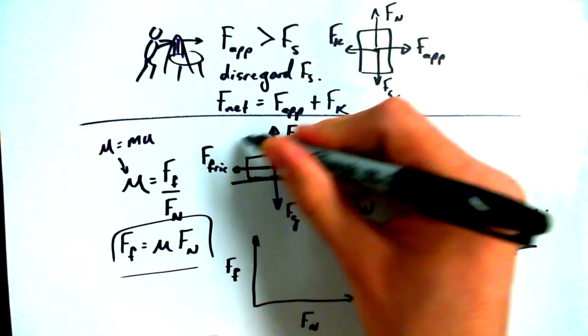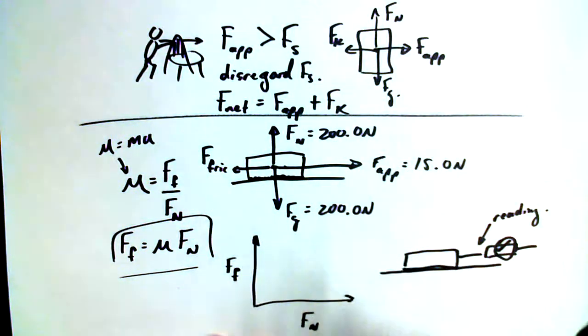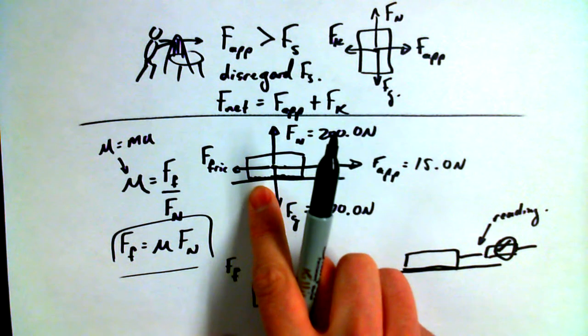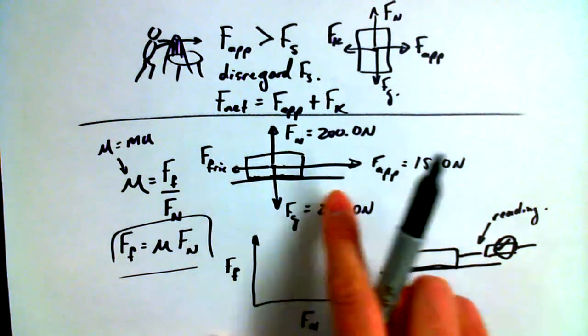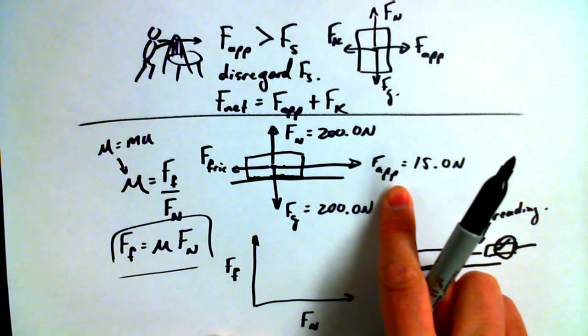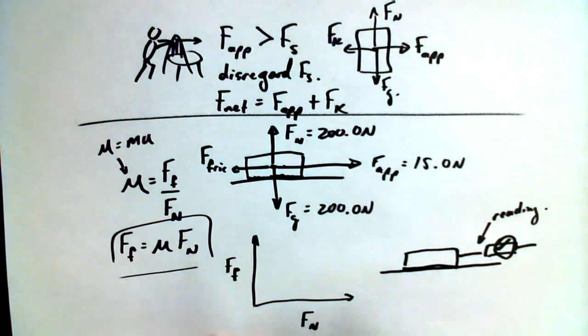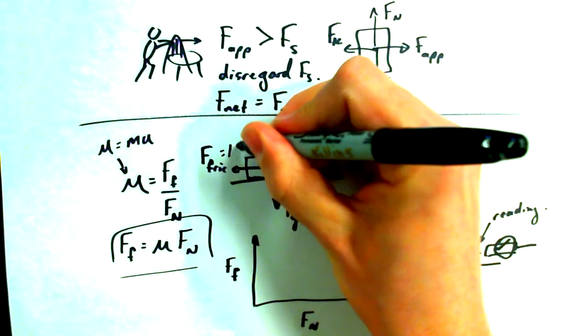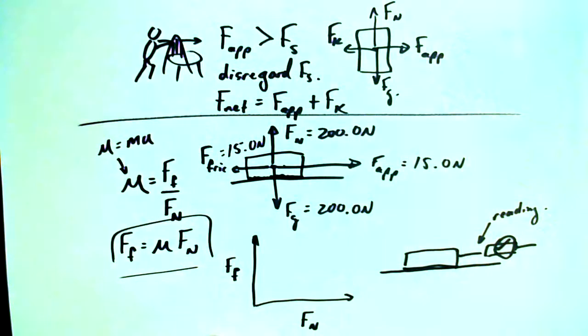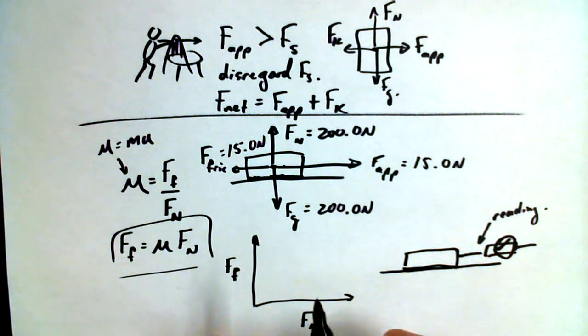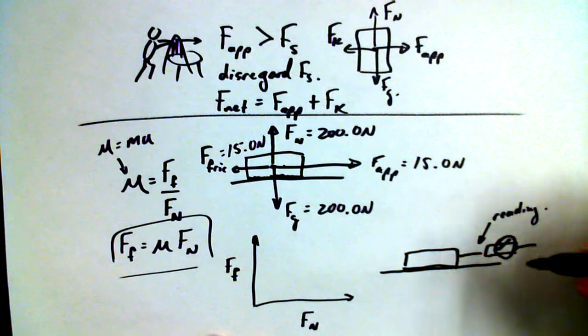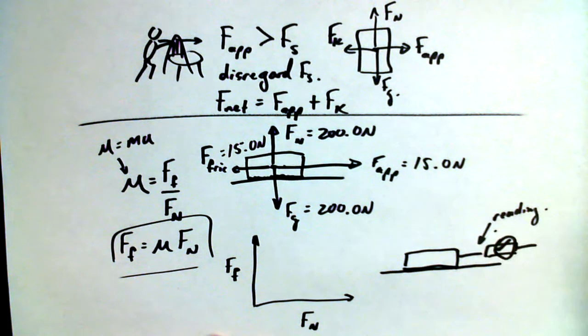If this free body diagram was balanced, in other words, if I wanted this block to slide at a constant velocity, what would the friction value have to be if my applied force was 15 newtons? Yeah, it would have to be 15 newtons if I was to get it to move at a uniform velocity. This would be the kinetic friction in that case. I would have a friction reading that would show up on this scale.